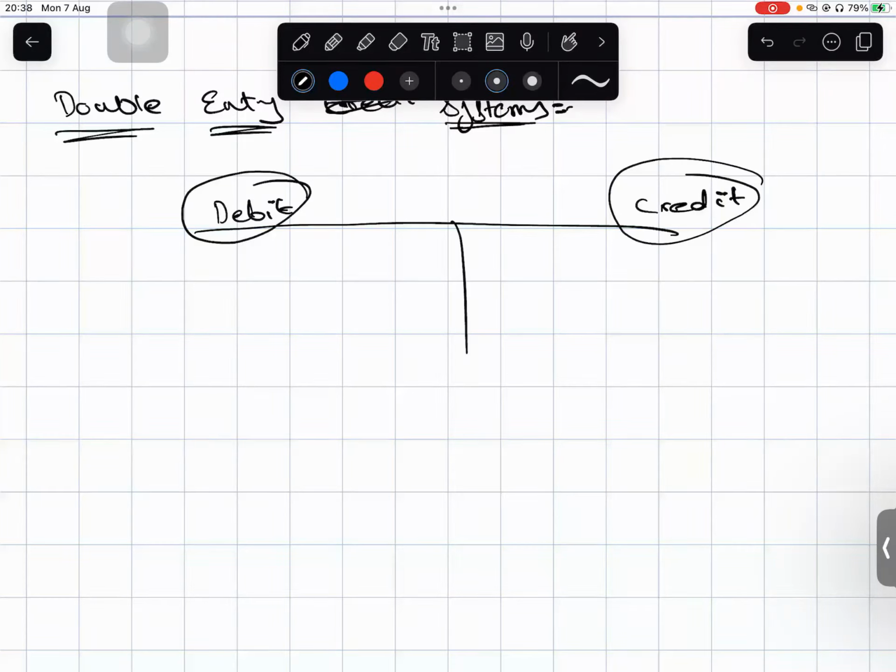Now, the double entry accounting system is basically the foundation of accounting. The whole of accounting is standing on this system.